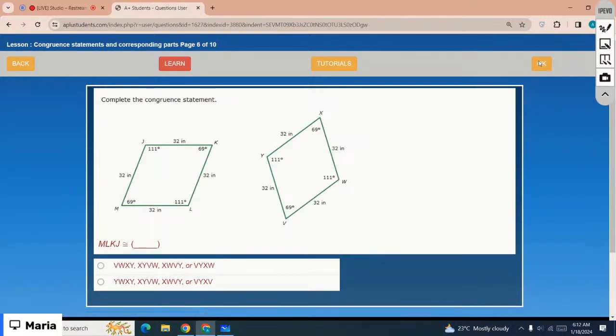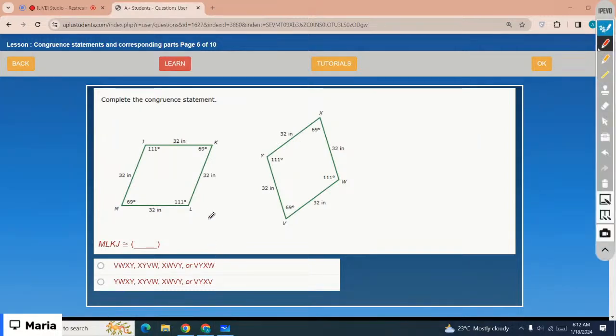The next one is complete the congruence statement. Angle M is congruent to angle V, L is congruent to angle W, K is congruent to X, and J is congruent to Y. That means MLKJ is congruent to VWXY.